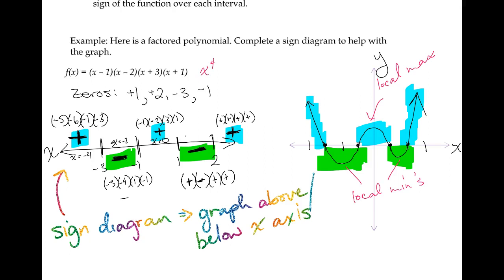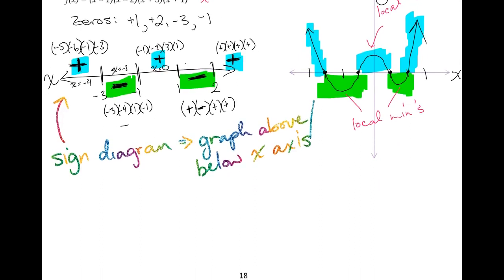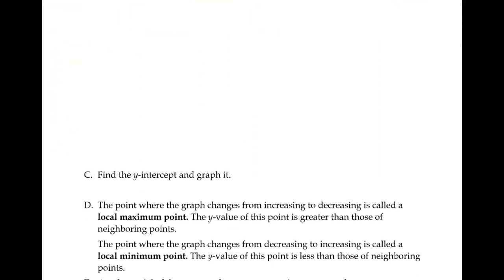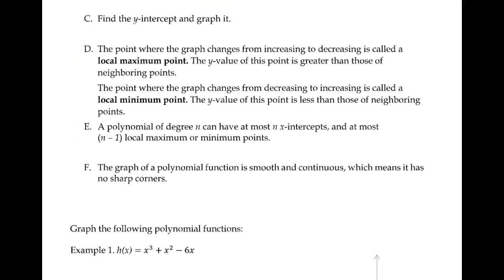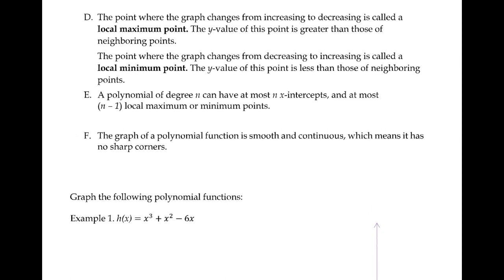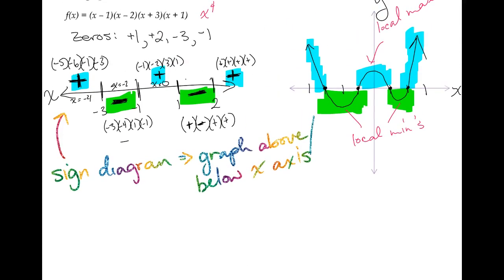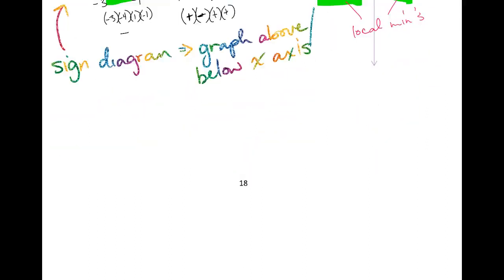I could have fewer, in which case we would end up with what's called multiplicity. But 4 is the number of zeros we would expect. We would also expect the number of maximum and minimum points to cap out at 1 less than what we have. So again, if we go back, we have 1 maximum and 2 minimums. That's both lower than our degree. So that fits.